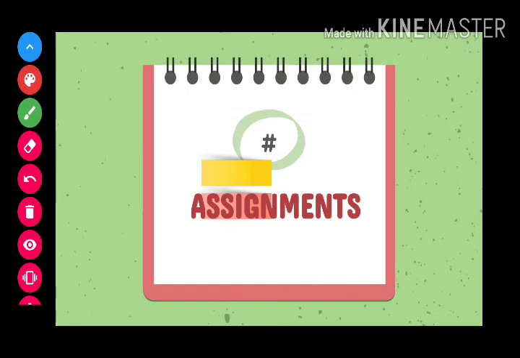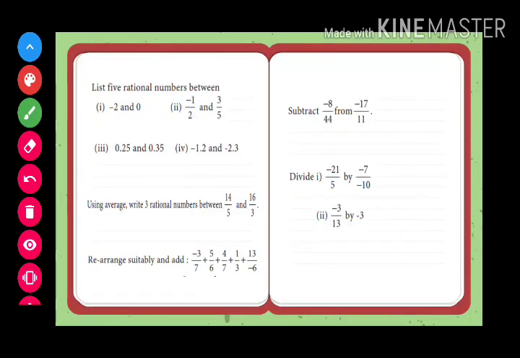It's better if you take a screenshot of this, and you can use it for your self-evaluation. Okay, hope you all have noted down the assignments.